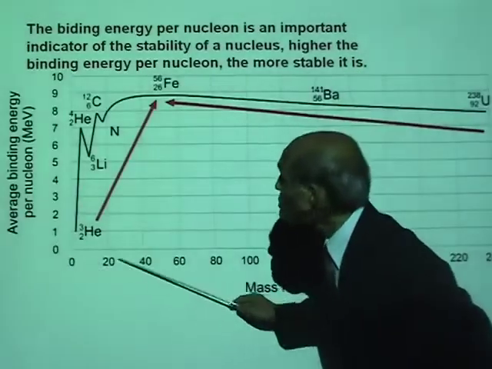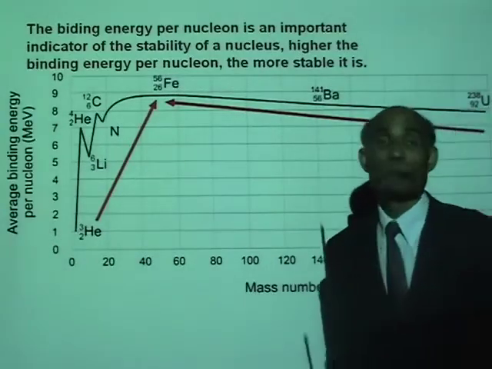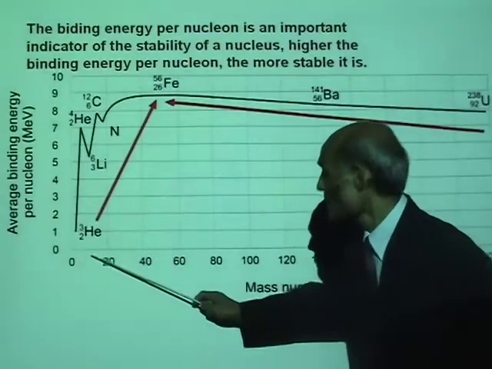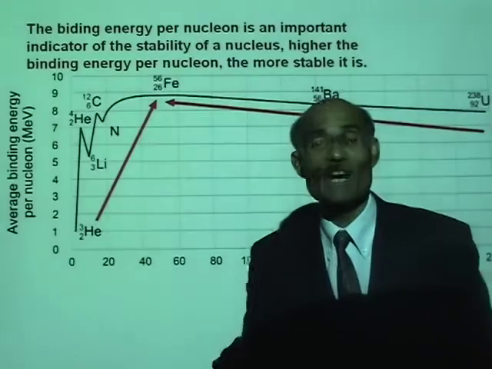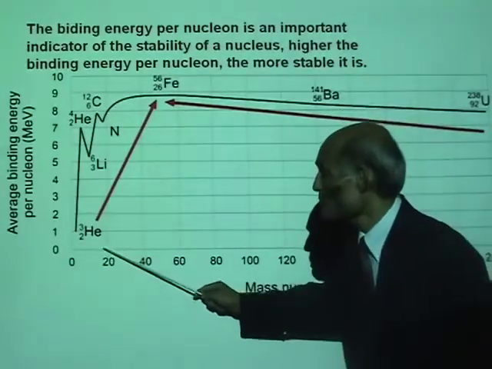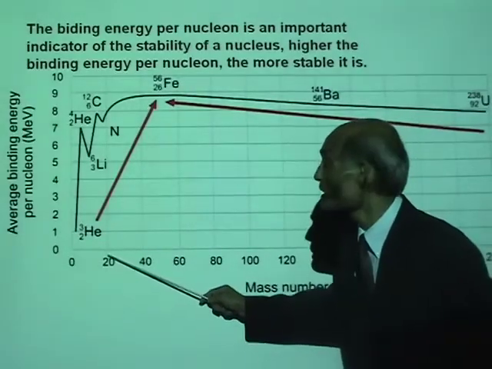Now, look at this diagram. It gives you a measure of the binding energy per nucleon. Here I have the mass number. Remember, the mass number is the number of nucleons, the number of protons plus neutrons in the nucleus.